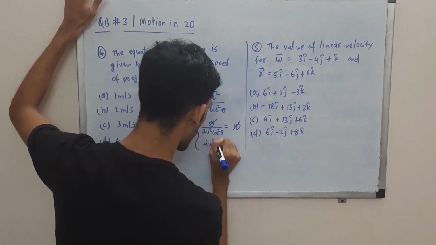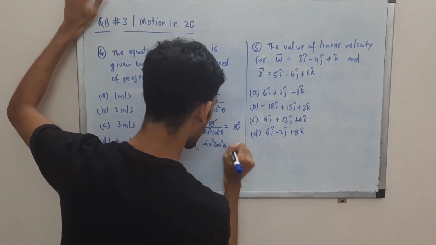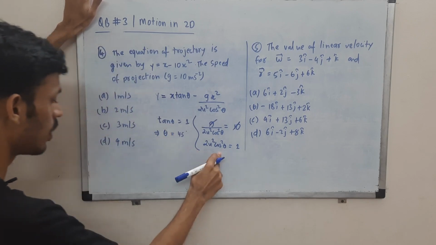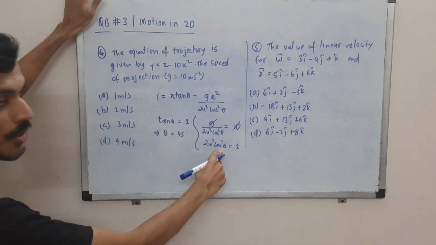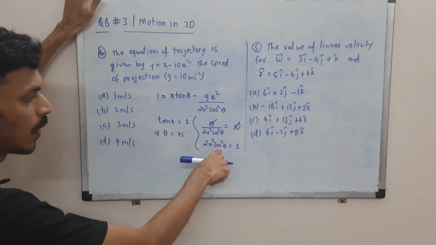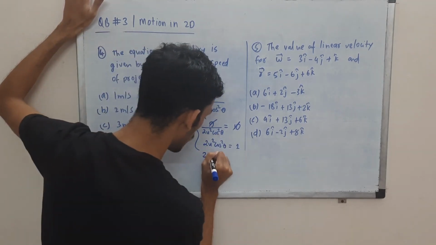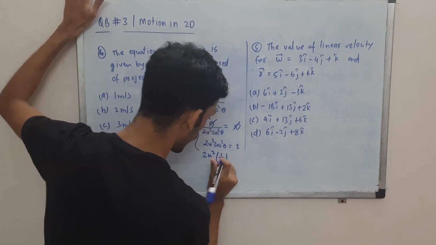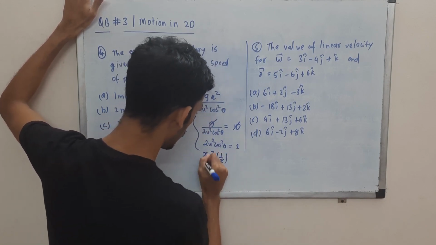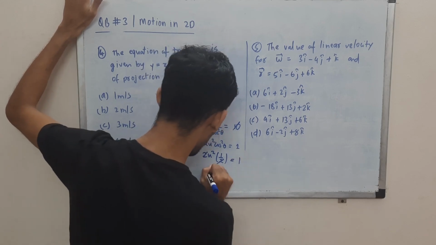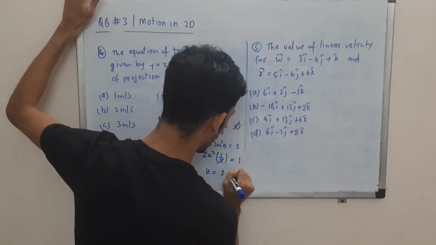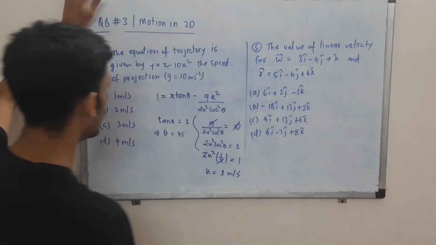So 2u square cos square theta should be equal to 1. You know that theta is 45, cos of 45 is 1 by root 2, and that squared is 1 by 2, right? So this 2 and that 2 will get cancelled. So this and this will get cancelled. This is 1. So u is plus or minus 1, but it doesn't really matter. Speed is 1 meter per second.